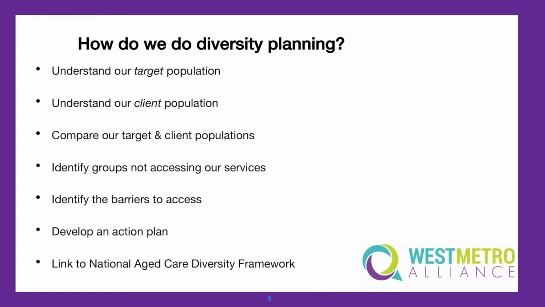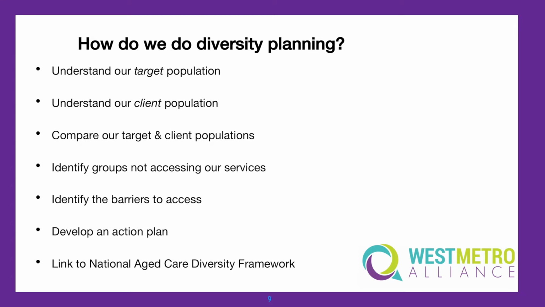So how do we do diversity planning? Well, we understand our target population, and this we do through looking at data, ABS data. We also can use anecdotal information as well that comes through our community communication channels. We then understand our own client population. So we look at our DEX and MDS data, and we look at what are the people that we are actually connecting with.